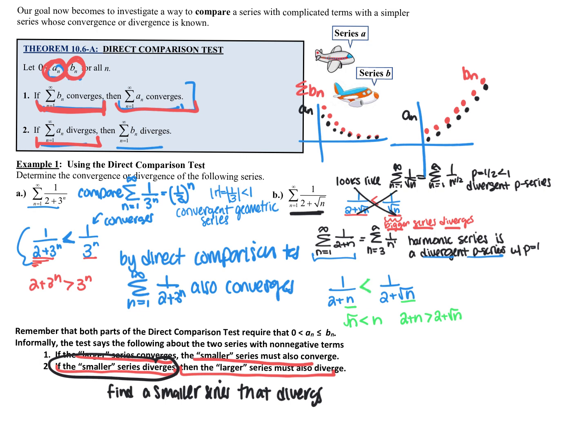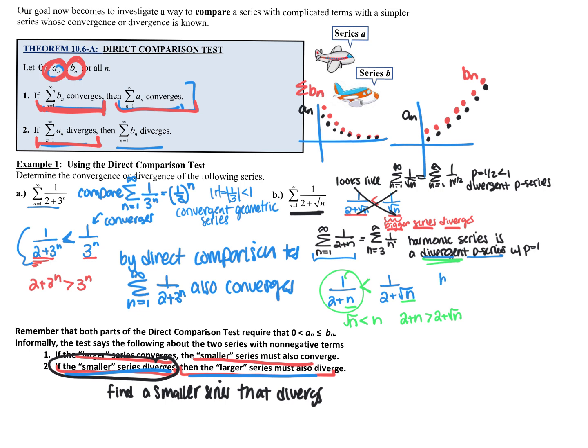So now what we've done is we've found a smaller series that diverges, right? So if the smaller series diverges, then the larger series must also diverge.